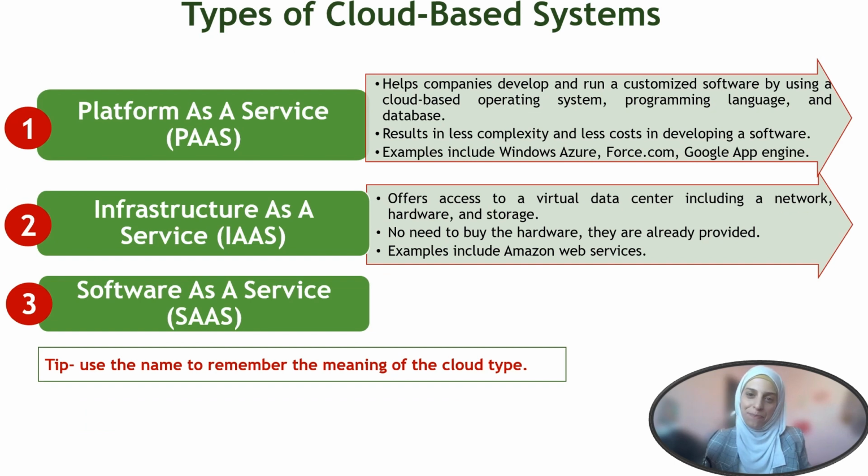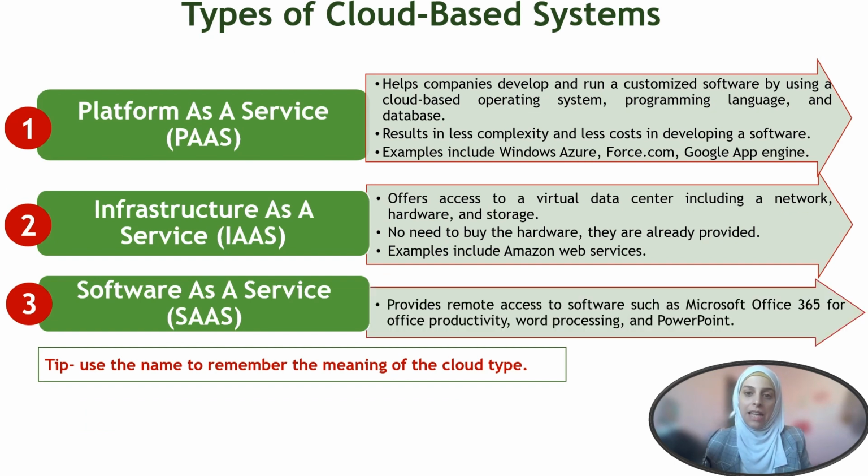So a small tip when it comes to cloud-based systems is always use the name to remember what it stands for. So when we say platform as a service, the PaaS platform, this means that this cloud service helps companies develop and customize a platform.